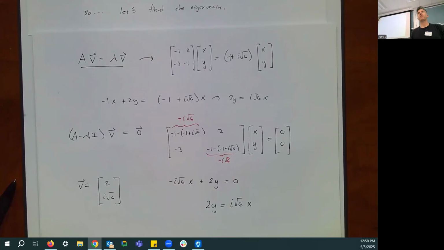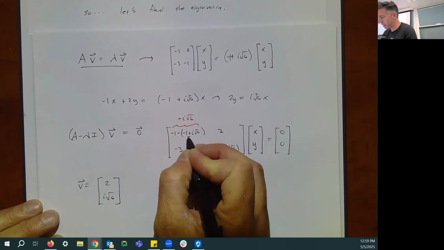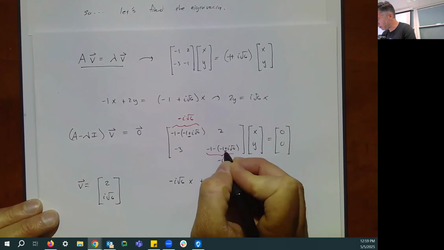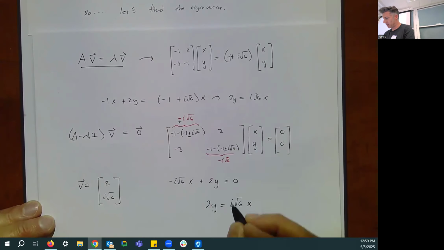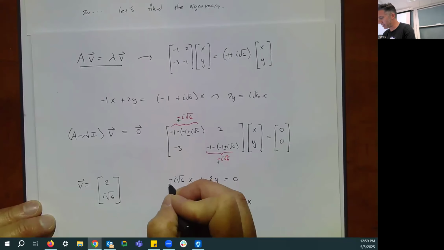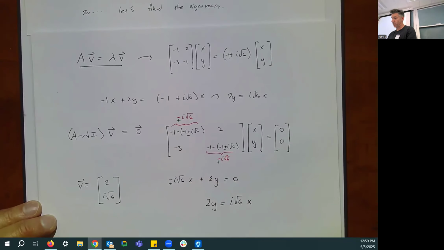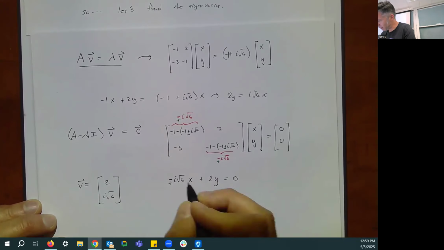Now, here's the beauty of this. We've already found both eigenvectors. I know we didn't do the work, but let me point out, if my other eigenvalue is -1 minus i√6, well, I can throw in a minus sign there, a minus sign there. That'll change this to a plus i√6, that to a plus i√6, and it'll change my equation to plus i√6 times x plus 2y equals 0, or 2y equal to negative i√6 x.